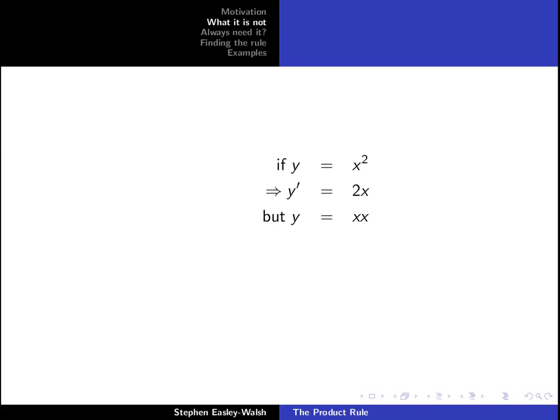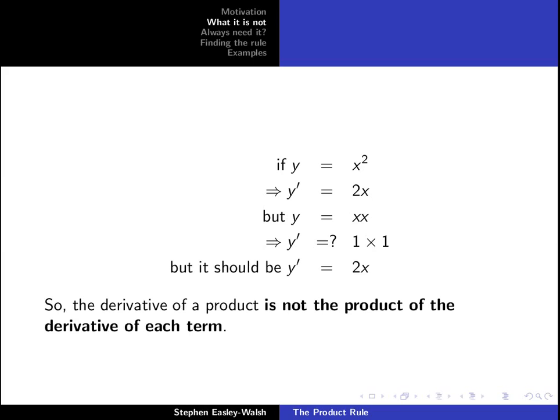And if we apply our logic, we may believe that the derivative of y is just 1 times 1. But it should be 2x. So it is not the case that the derivative of a product would be the derivative of each term multiplied.